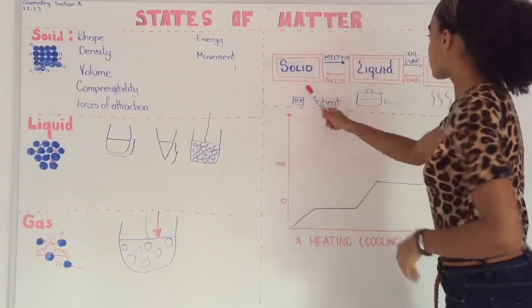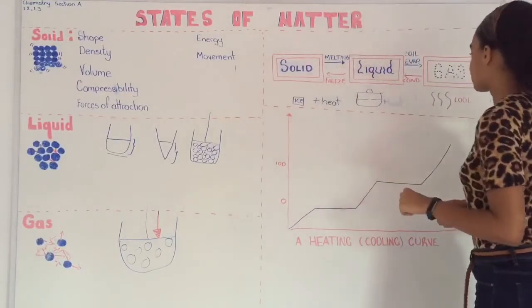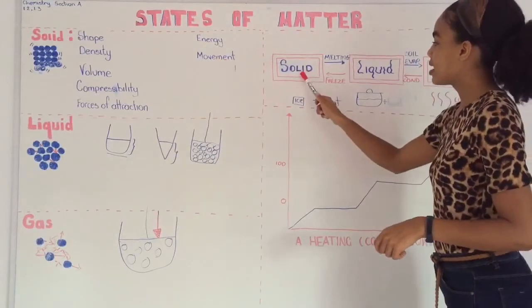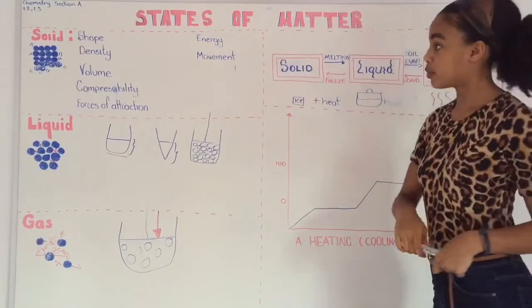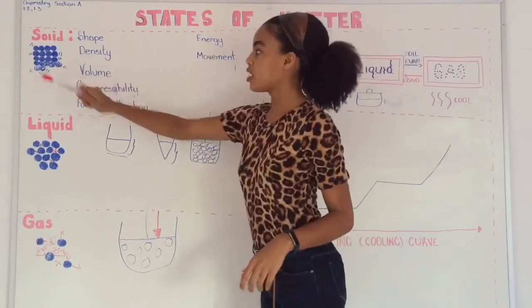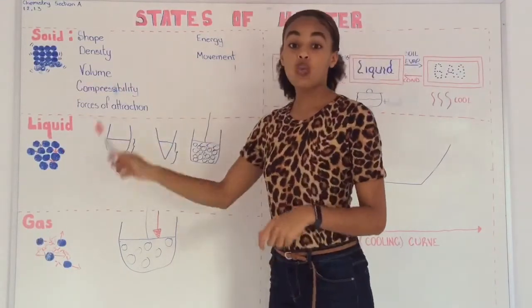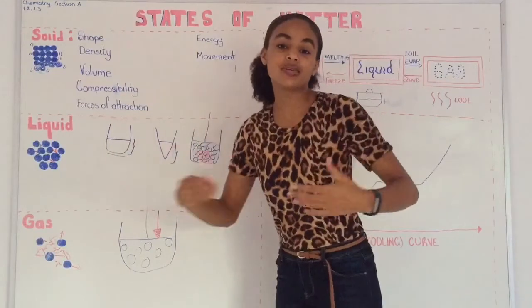Before we move on, there's something very important that we need to note here. Solid has a little bit of energy. Remember we spoke about solid over here? How the particles don't have as much energy as a liquid. So if you want to make it a liquid, you add some heat.